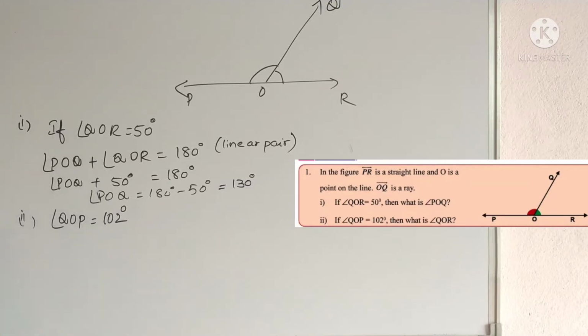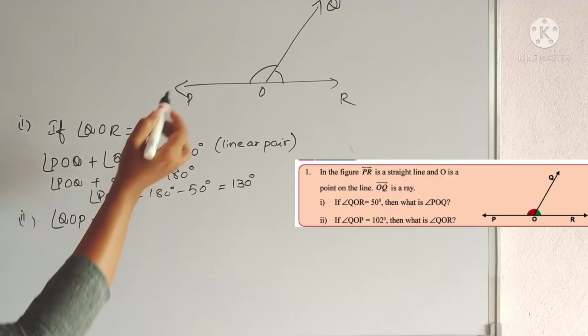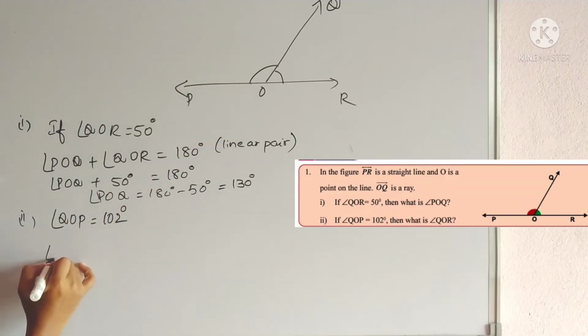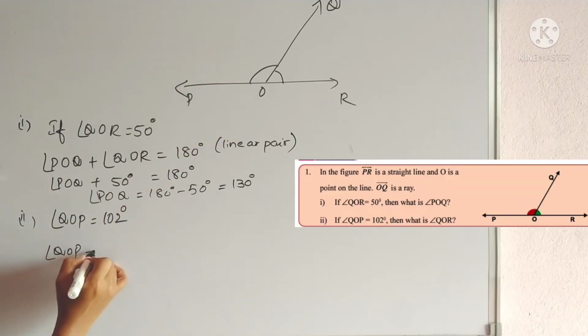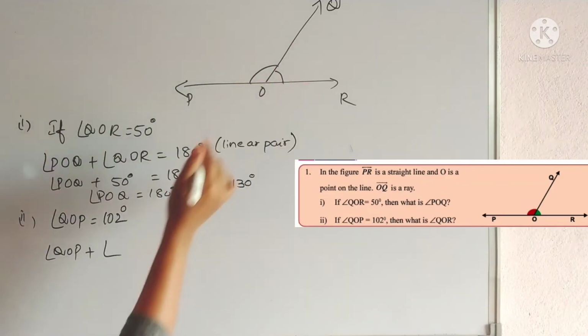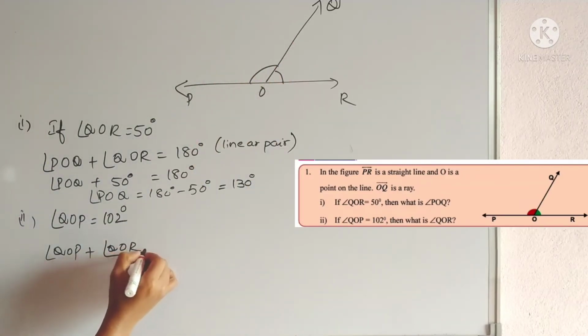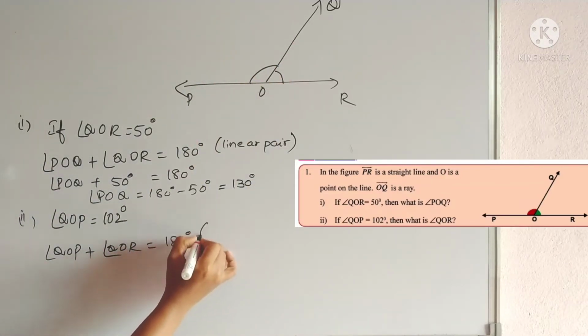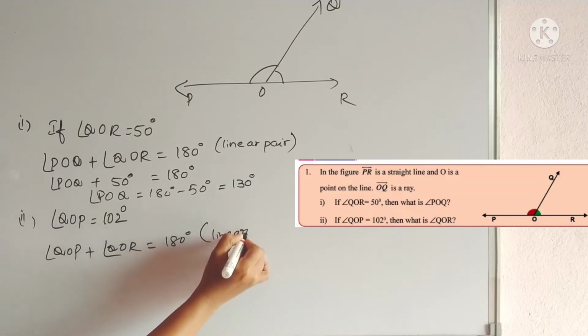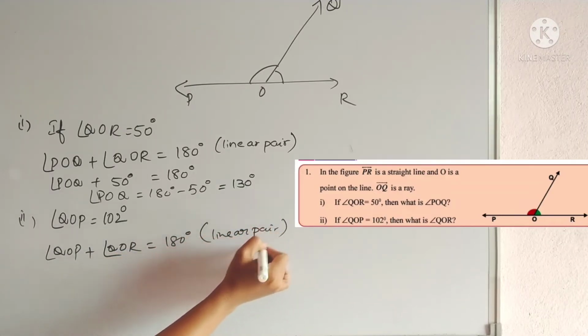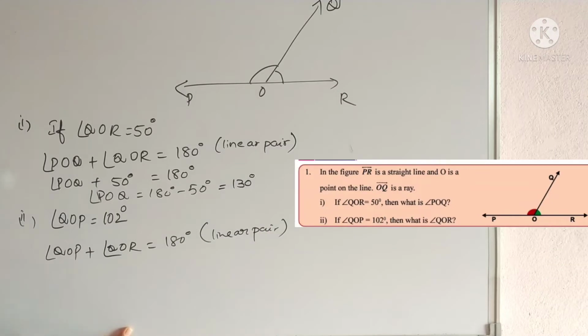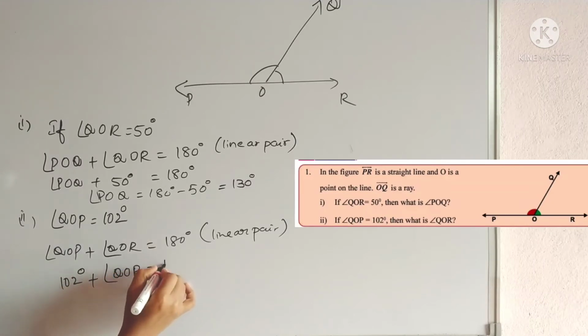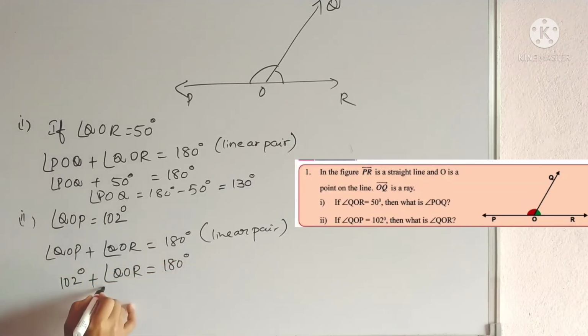And in the second one, this angle they gave. So angle QOP plus angle QOR is equal to 180 because they are linear pair. So angle QOP is 102 degrees, plus angle QOR equals 180.